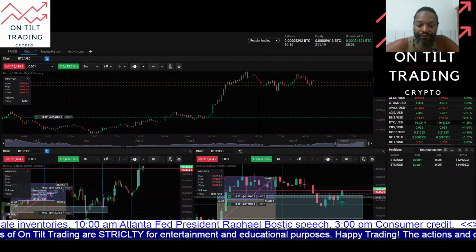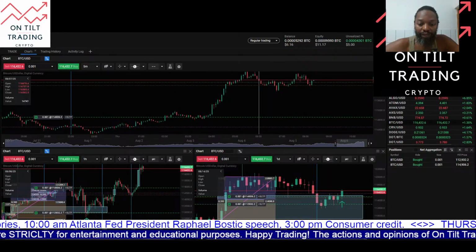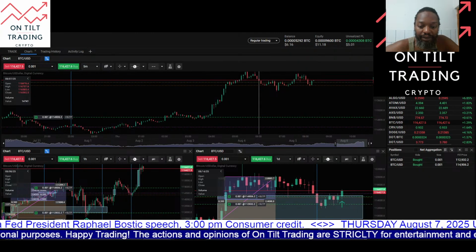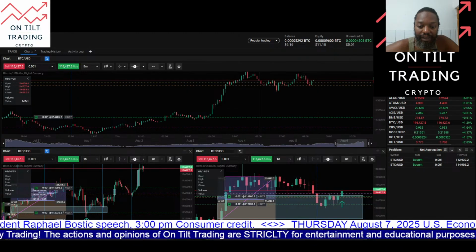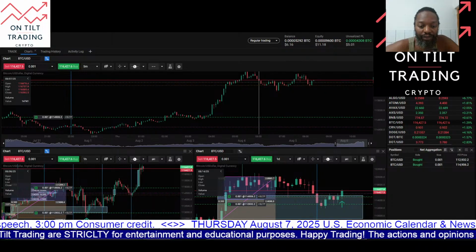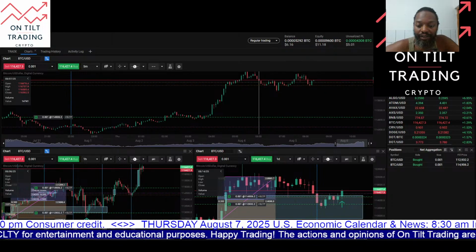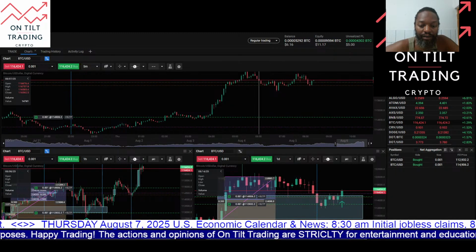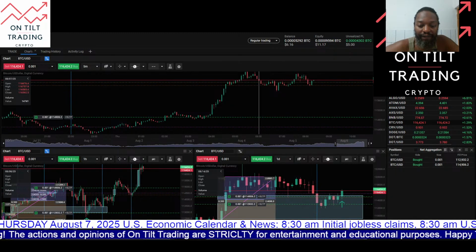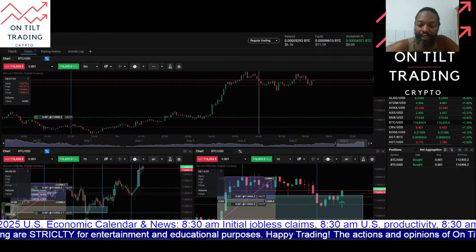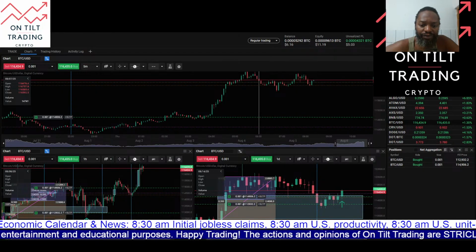Ideally, I wait for price to just get past equilibrium into this area of discount, and then put a stop below the swing low for this fair value gap. This would have created quite a distance between the stop loss and my entry.